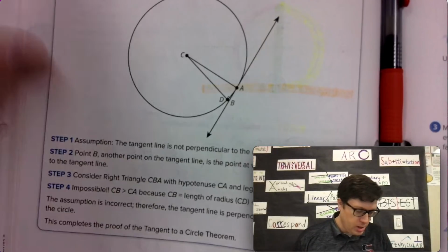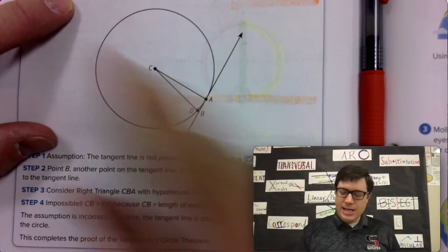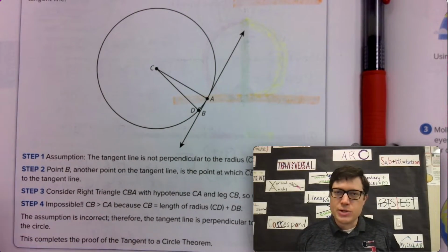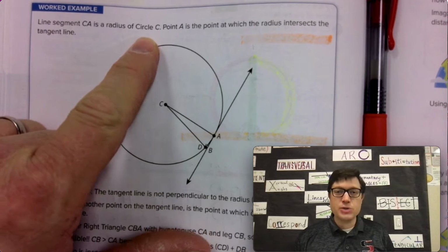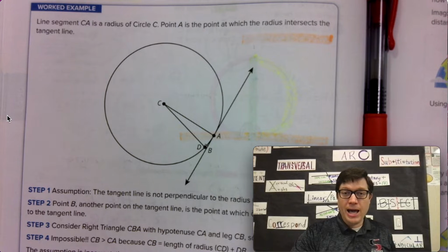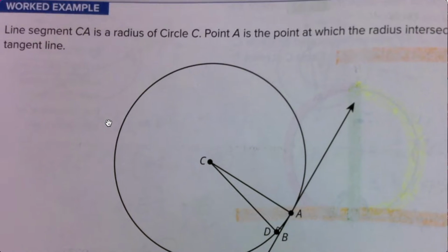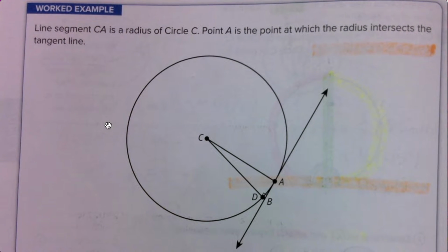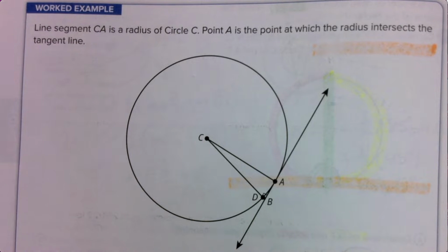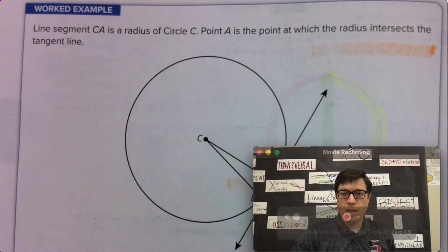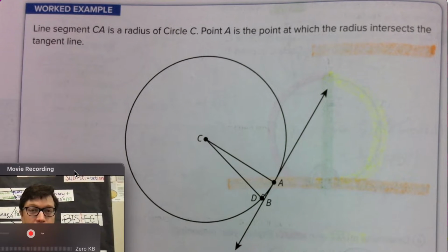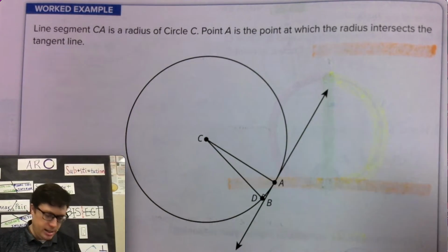Worked example. Line segment CA is a radius of circle A. And point A is the point at which the radius intersects the tangent line. So highlight time, let's bring in some highlight color here and put green highlight for segment CA.